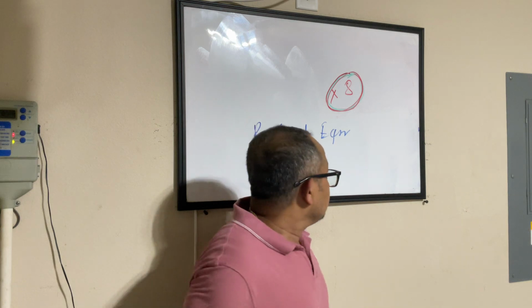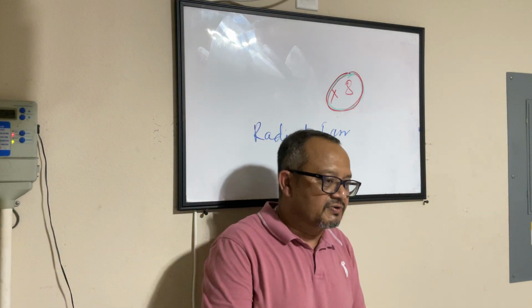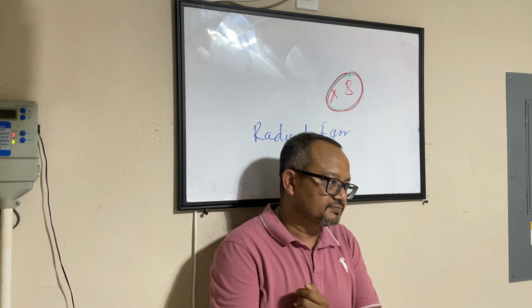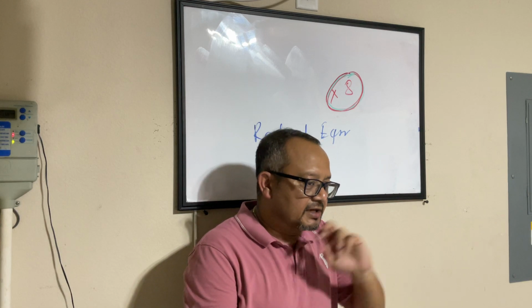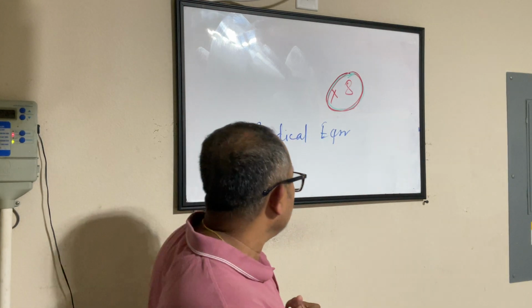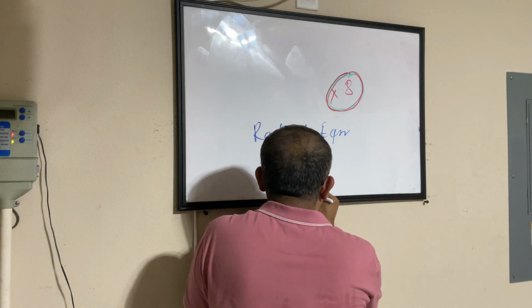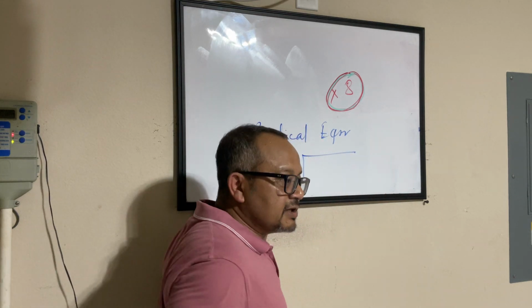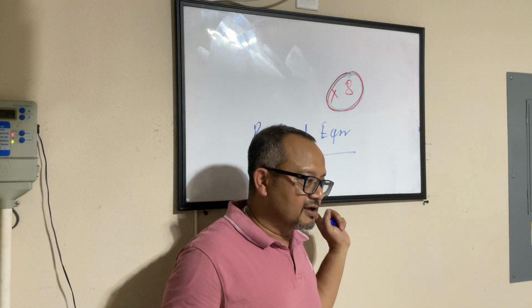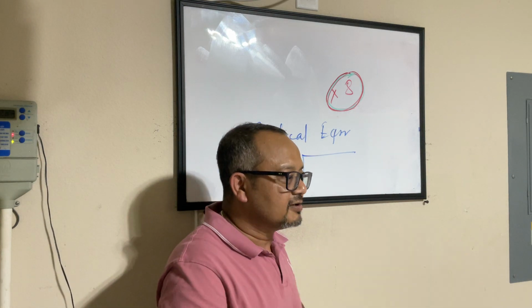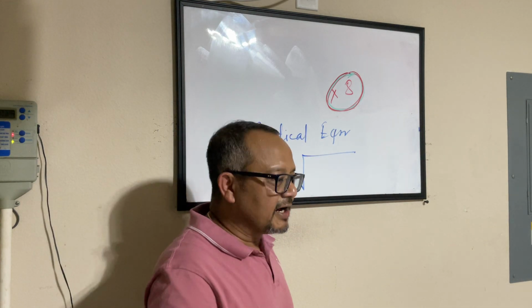Okay. Now we are talking about the second type of equation which is called radical equation. And just to refresh the memory for you all, we talked about this radical equation, that any equation which had this symbol called radical is called a radical equation.